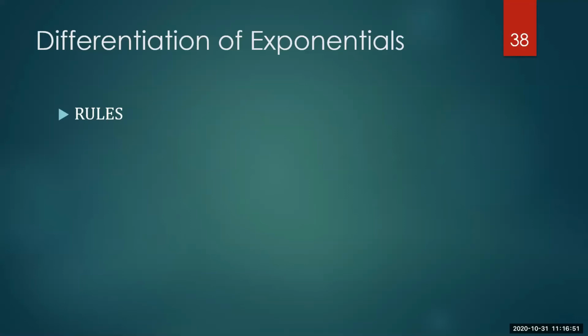Now we move on to differentiation of exponentials. Exponentials are functions that are related to e to the power of x. The rules here then are, if y is equal to e to the power of x, then dy dx is also e to the power of x.